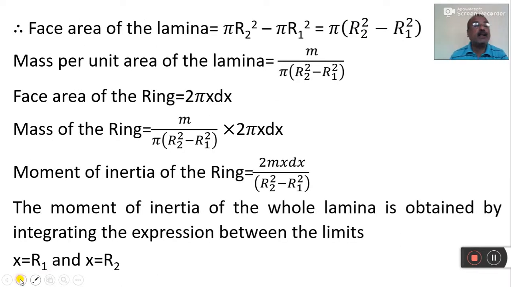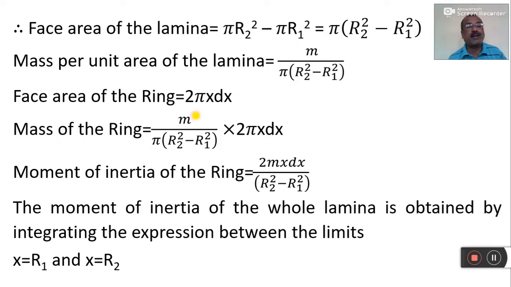Let us consider the face area of the lamina, given by pi R2 squared minus pi R1 squared, which is pi into R2 squared minus R1 squared. Mass per unit area of the lamina can be written as m divided by pi into R2 squared minus R1 squared. Face area of the ring is equal to 2 pi x dx.